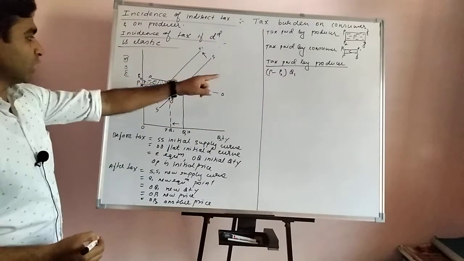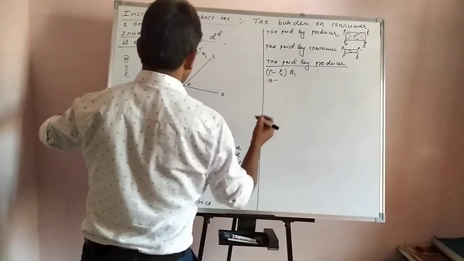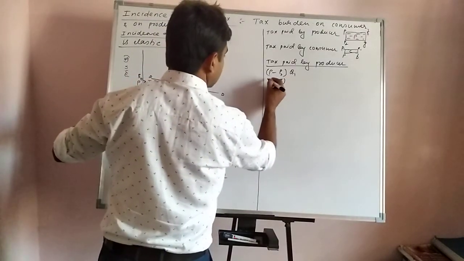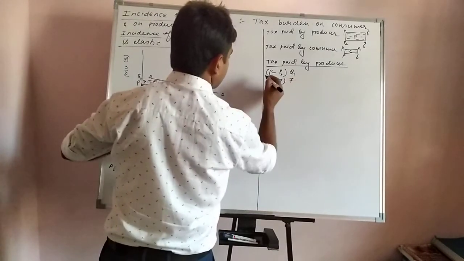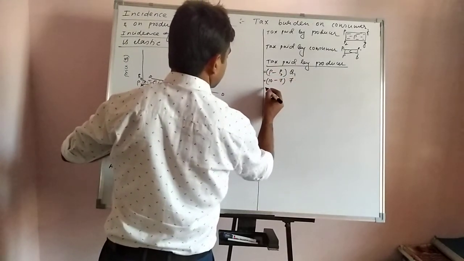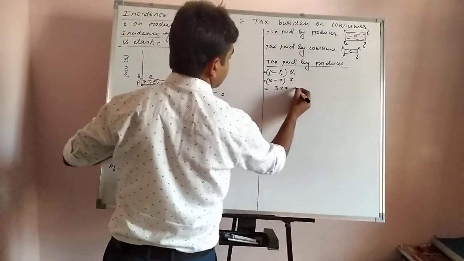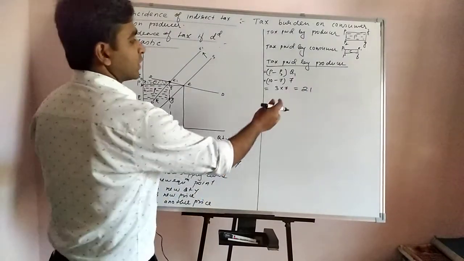Fine. So what is the P value here? 10. And what is the P2 value? 7. And quantity we have Q1 7. So here we got 3 into 7, that is 21. Okay, tax paid by producer is 21.